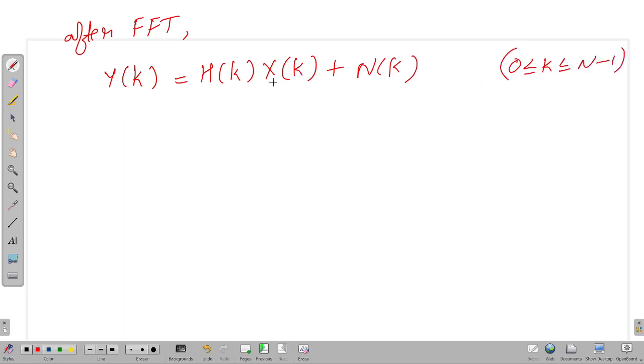And how can you get back x of k from this expression? You have y of k at the receiver, and how can you get back x of k out of it? x of k is getting multiplied by h of k, and then it gets added with n of k. So how can you get back x of k from this?